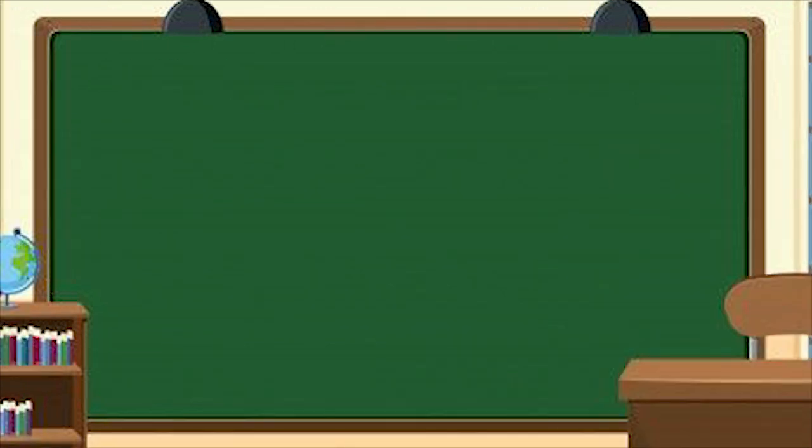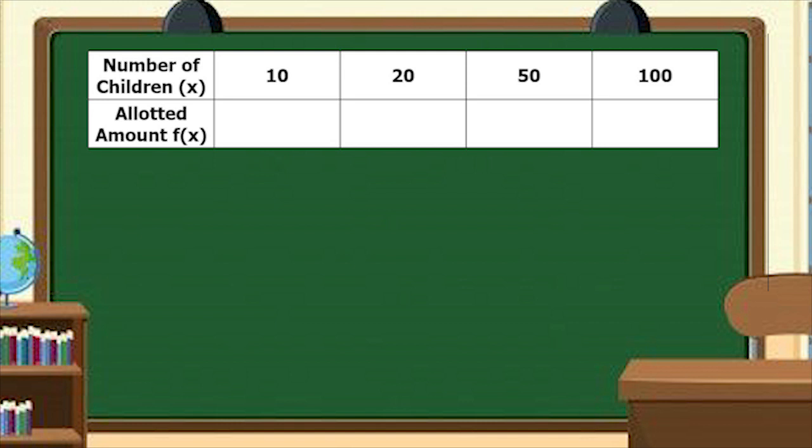Now, let's fill up the table with the different allotment amounts for different values for the number of children. We have a column for the number of children represented by the variable x, and another column for the allotted amount, which depends on the number of children, represented by f of x.